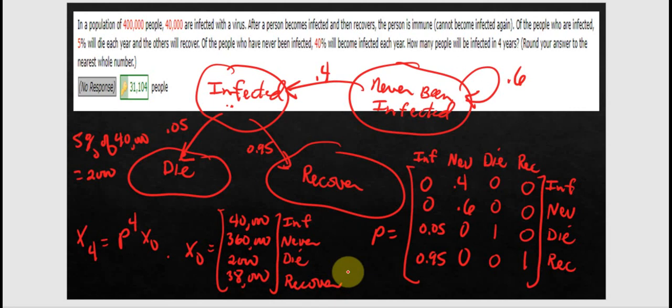So now what you're going to do is you're going to simply put this information in your graphing calculator. Take this matrix P, and you're going to raise that to the 4th power. Let me just put another slide in here and just write that out real quick, and then we'll be done. So here I have x to the 4th is equal to that P to the 4th times that initial matrix.